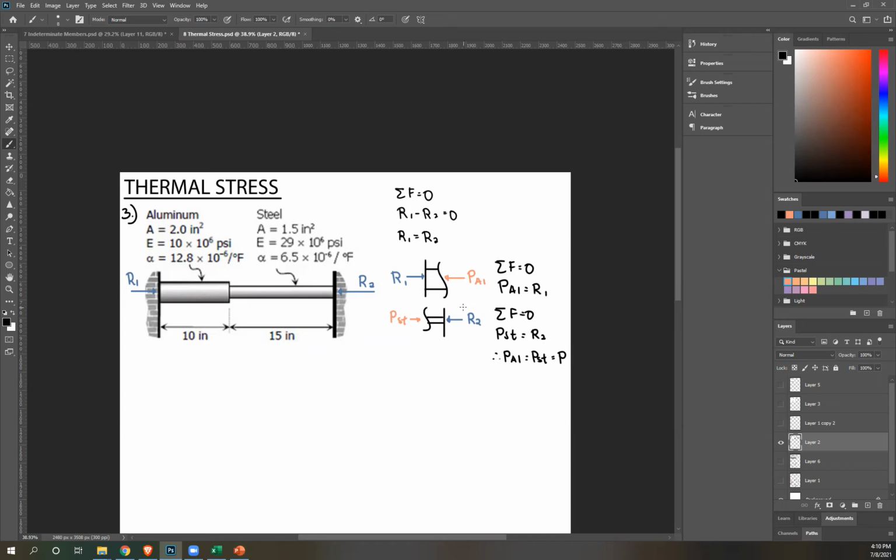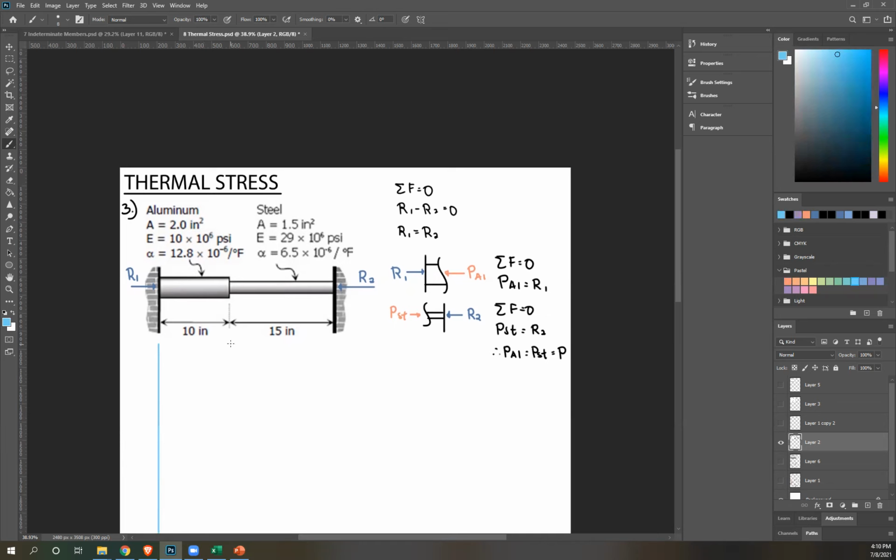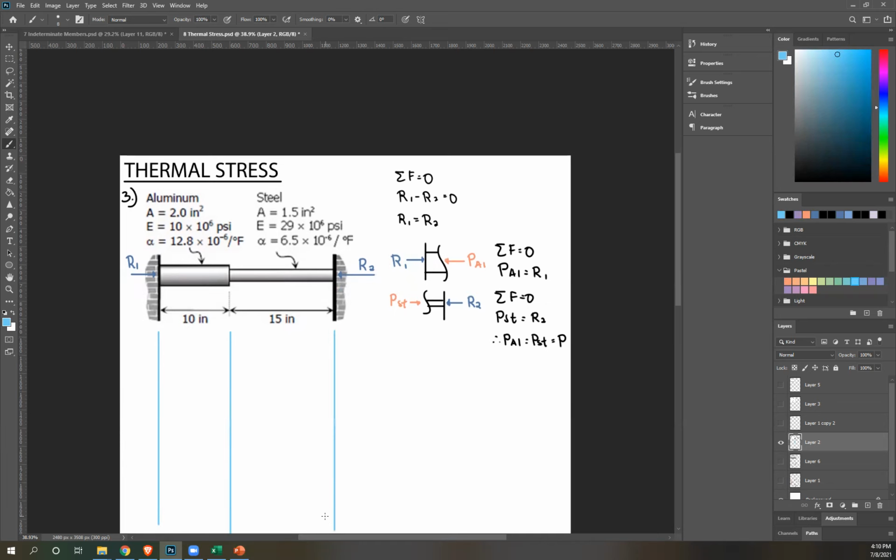So now how do we do that? Again, we're going to go through our procedure. First step, relax your supports. Relaxing your supports and let your system expand or deform wherever it should.